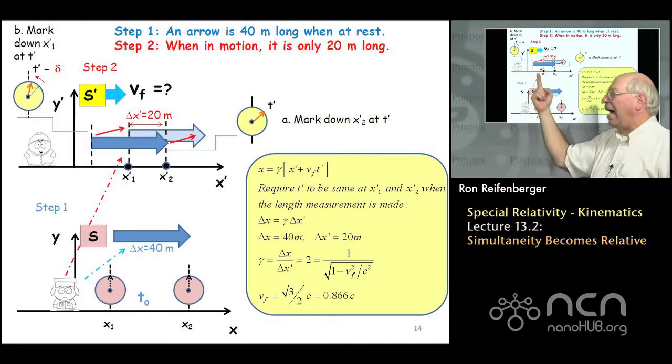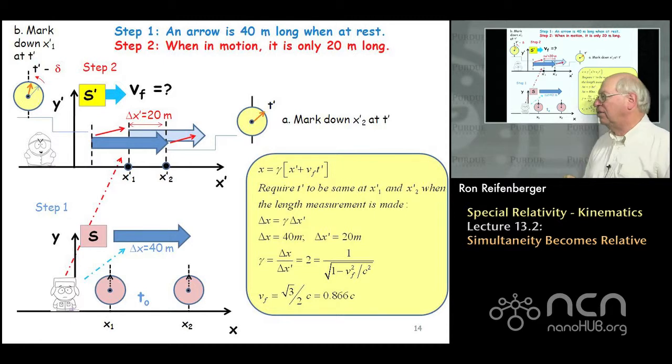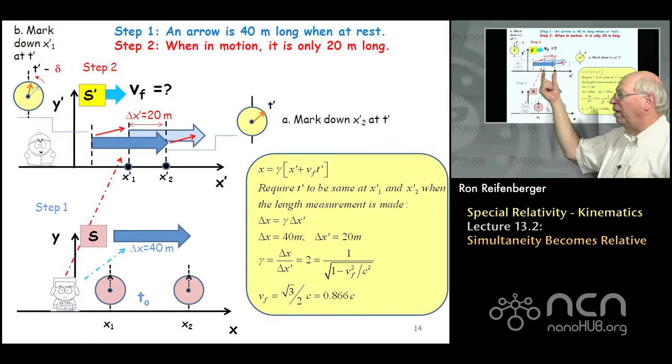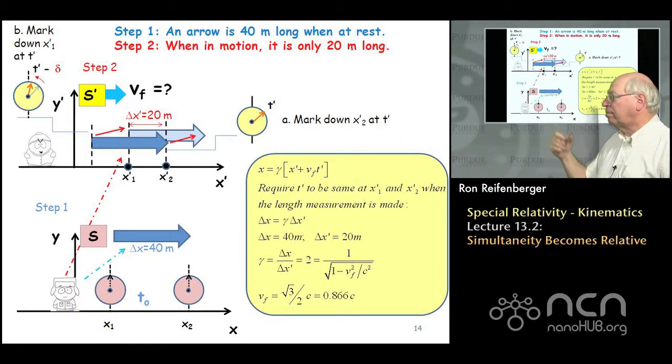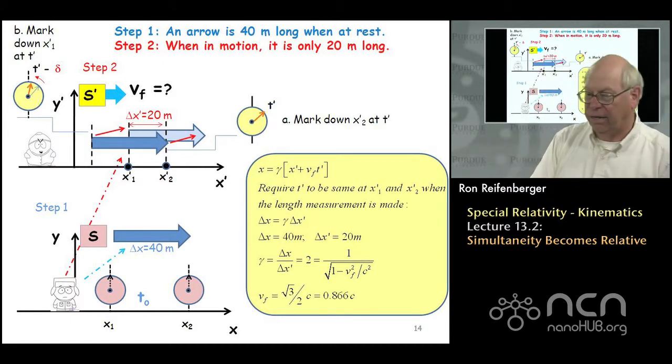So when this clock located at the back end of the arrow finally reads the same time t prime as the clock that was located at the front end of the arrow, then he marks down the location of the back end of the arrow. And in the process of trying to measure the length of an object simultaneously, the front end and the back end at this exact same time, he gets this fact that the arrow is contracted in length.